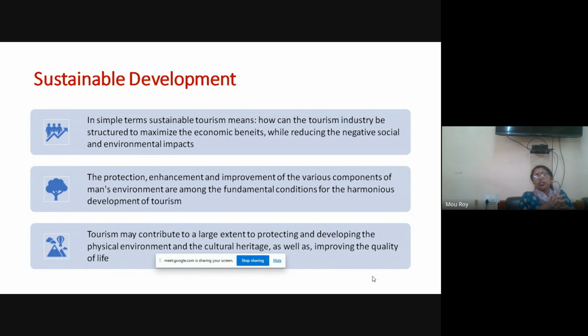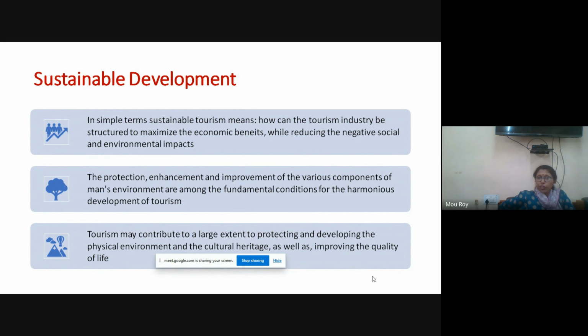That is the reason the word sustainable development comes. So in simple terms, sustainable development means how the tourism industry can be structured, how the measures have to be taken to maximize the economic benefits, and at the same time ensure you reduce the negative social and environmental impact.